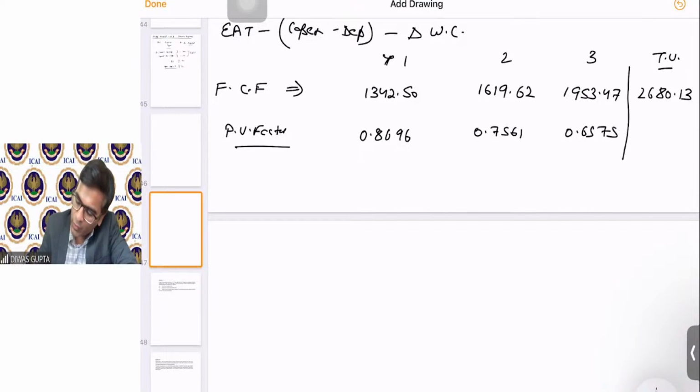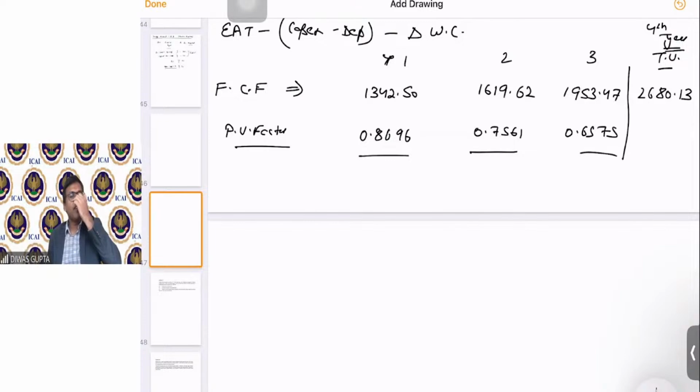As of now, let's do only the explicit period, because for the terminal value, we have to calculate the value first. Then we have to arrive at the present value. The terminal value is based on the 4th year cash flows that we have computed here. So from the 4th year, first we have to arrive at the 3rd year value, then do the present value of that.